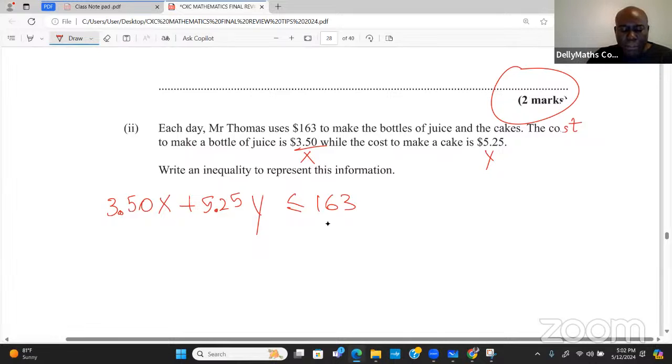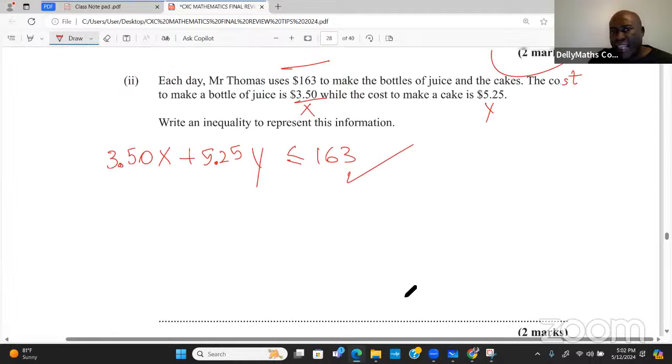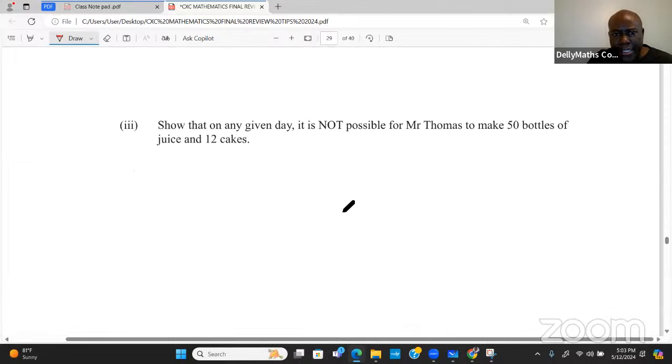So putting this together: 3.5X plus 5.25Y is less than or equal to 163. That's based on what was said here. Maybe it's a 2-mark question, and then you keep going. Let's go.